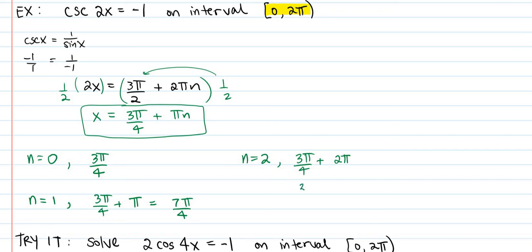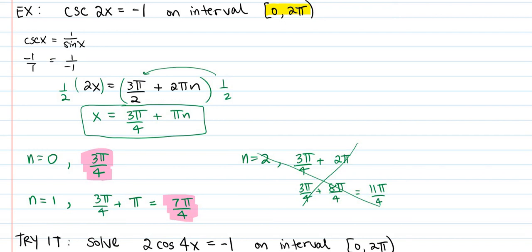Well, that ends up being 3 pi over 4 plus 8 pi over 4, which is 11 pi over 4. And that's too big. That's outside of our domain. So we actually don't need this solution. So our two solutions are 3 pi over 4 and 7 pi over 4.